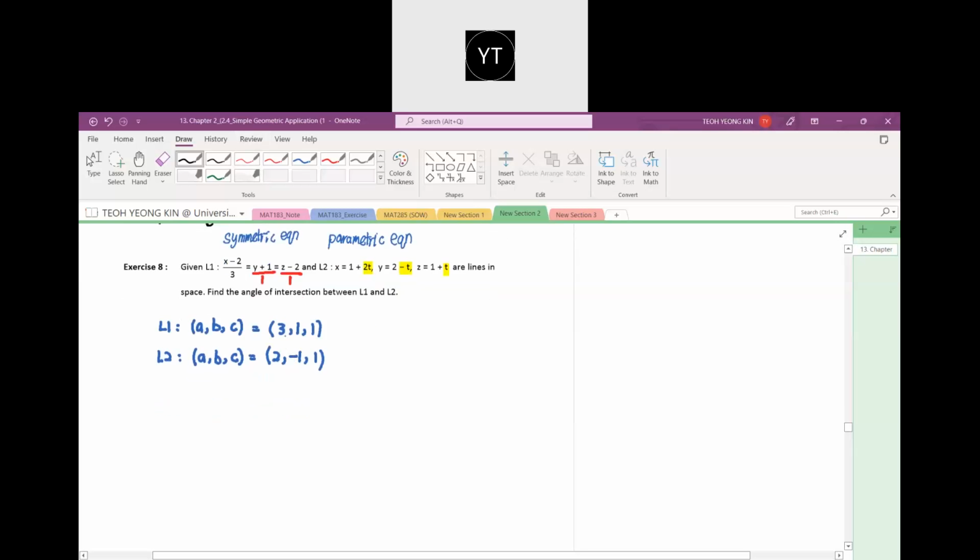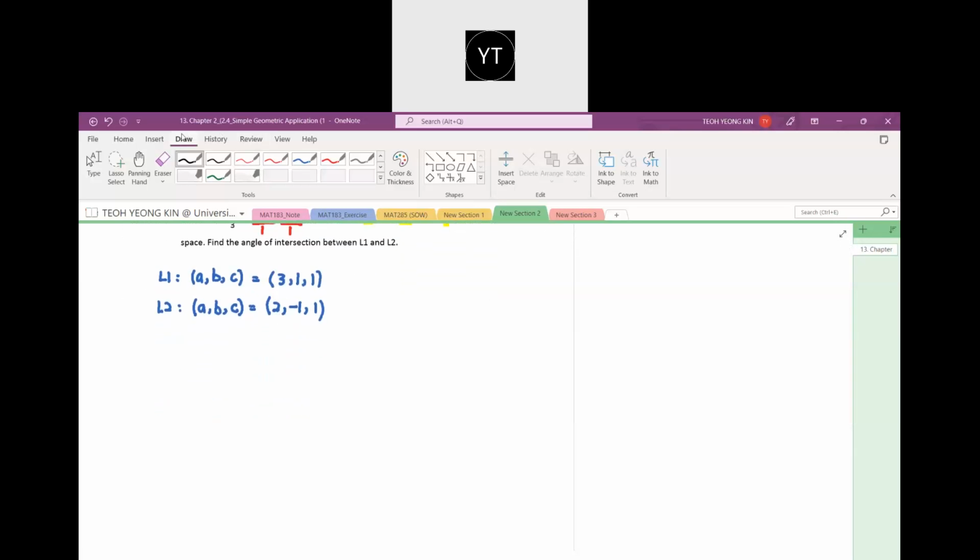So now we have two vectors. In order to find the angle of intersection, we are using the dot product. So let's say I use L1 and L2.